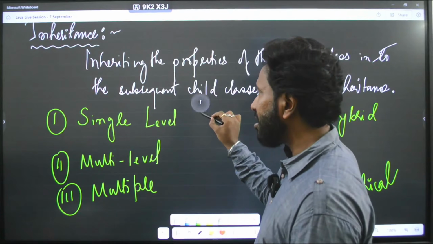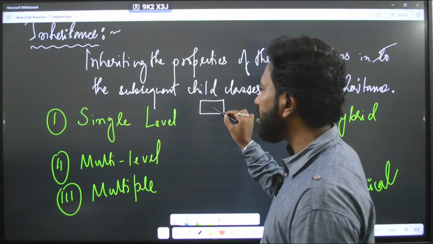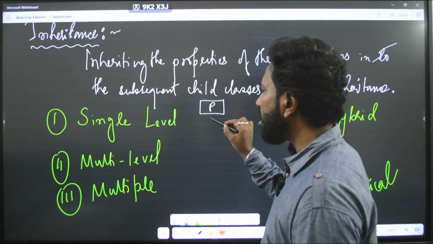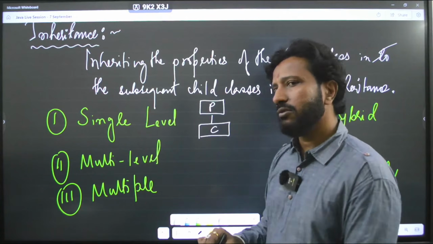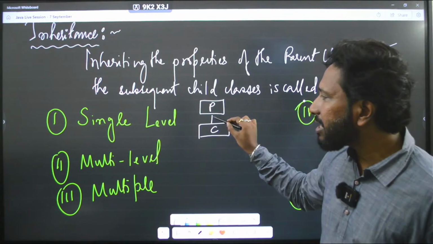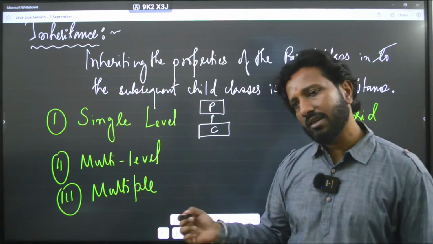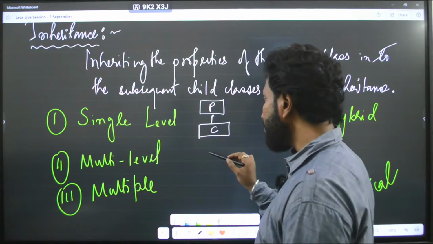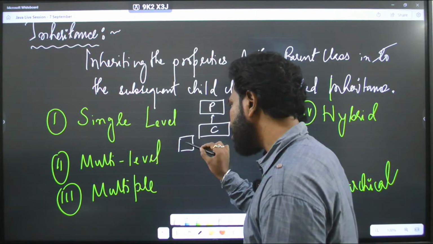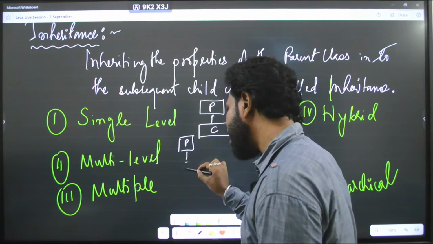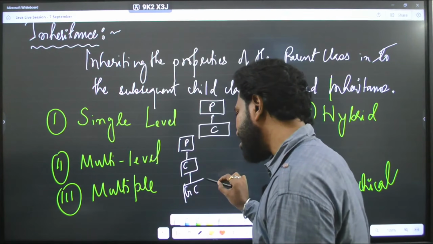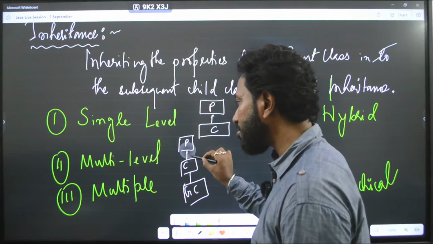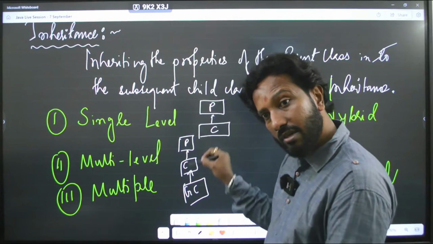Single level, I have a parent, I have a child. So, parent to child, you are inheriting something. Got it? Multi-level, I have a parent, I have a child, I have a grandchild. This is multi-level. It is always top down, top to bottom.